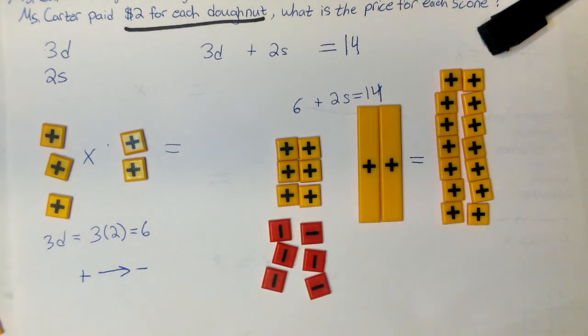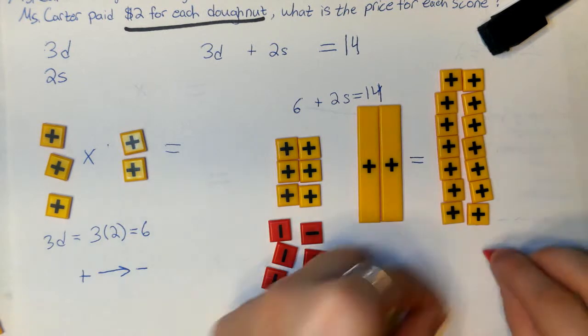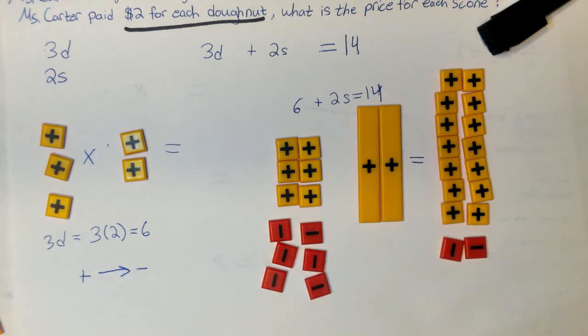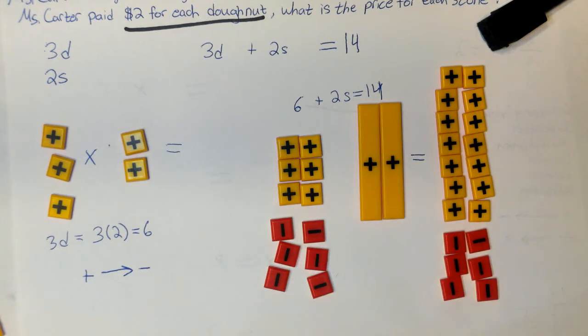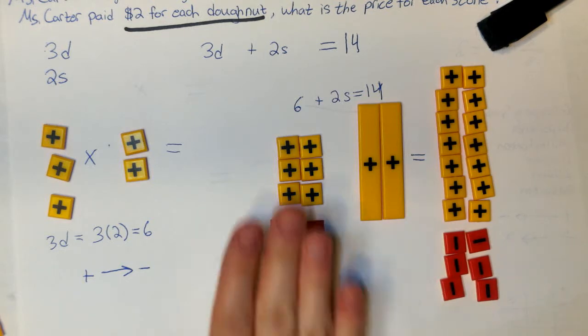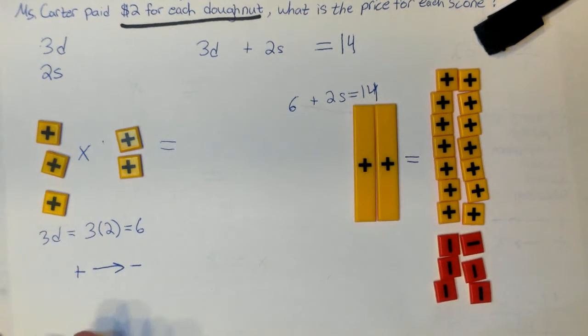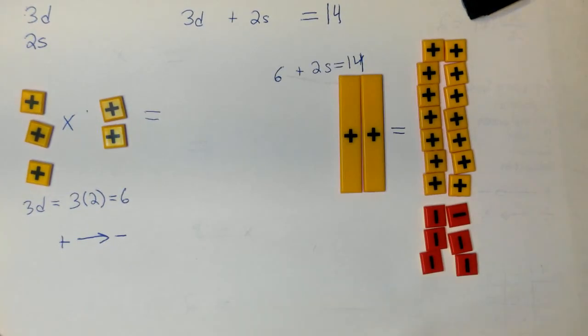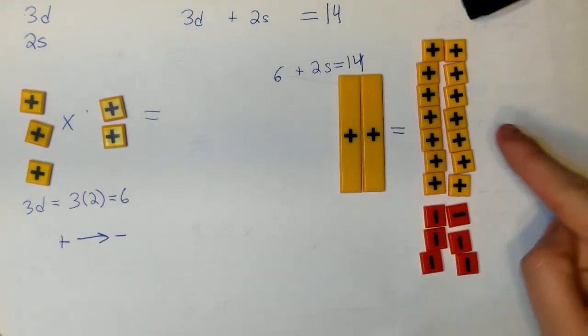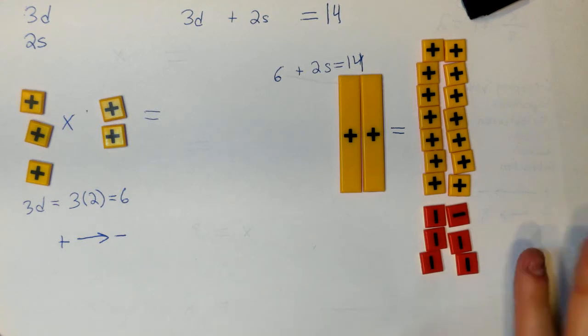And we're going to do that on the other side as well. So 2, 4, 6. That means positive 6 minus 6 is 0, so these go away. And then we have 14 minus 6, which is 8.